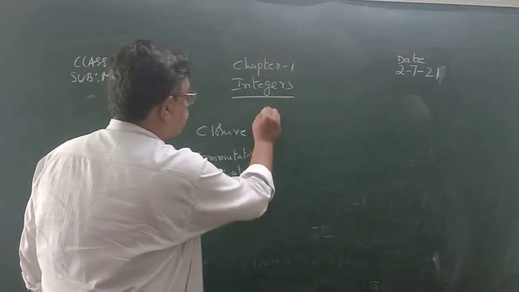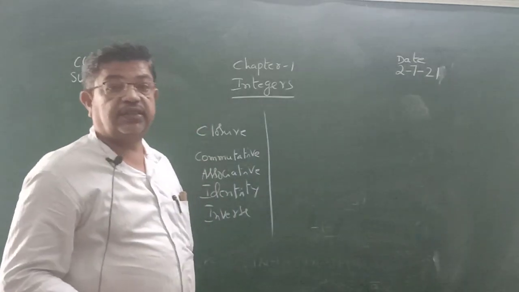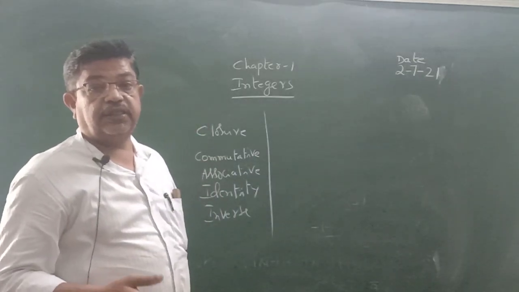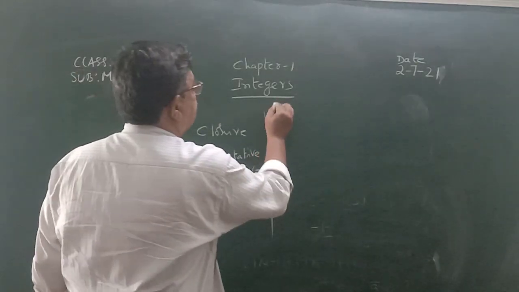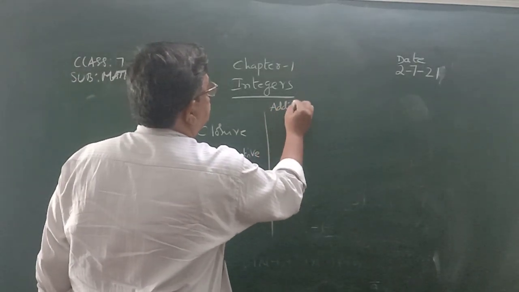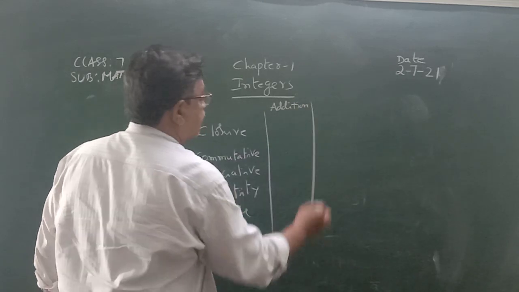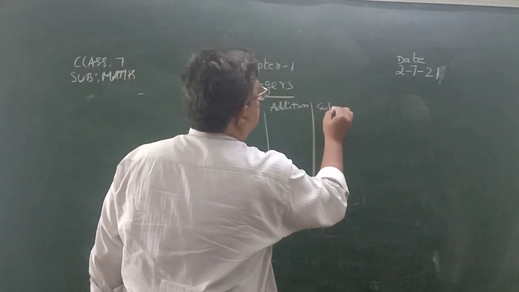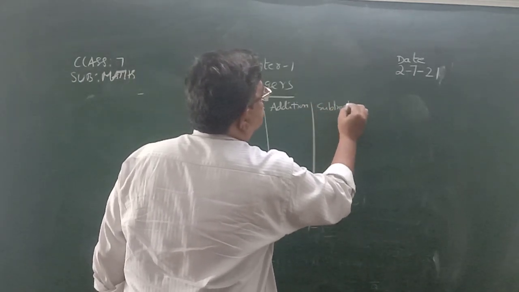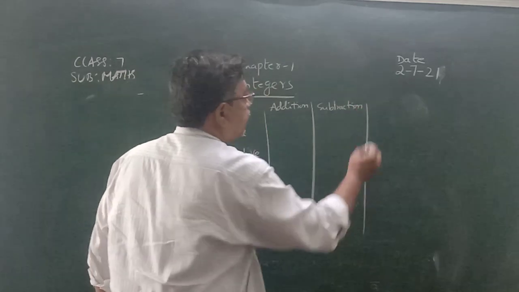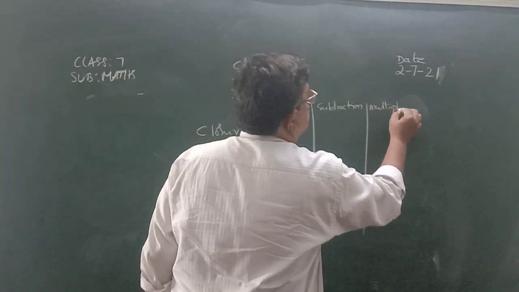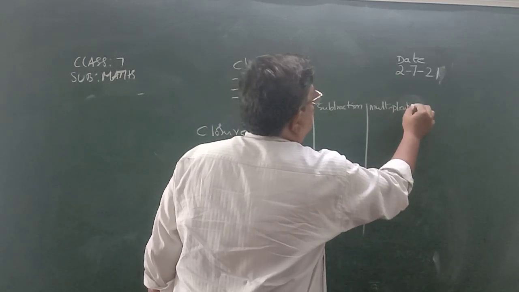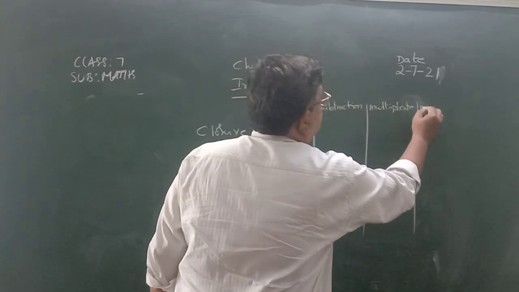These are the properties we want to verify for integers under addition, under subtraction, under multiplication and under division. So, I take addition first, then subtraction, multiplication, and last division.